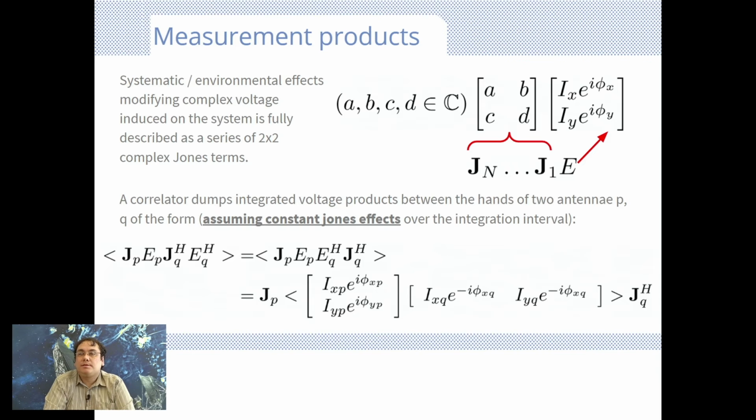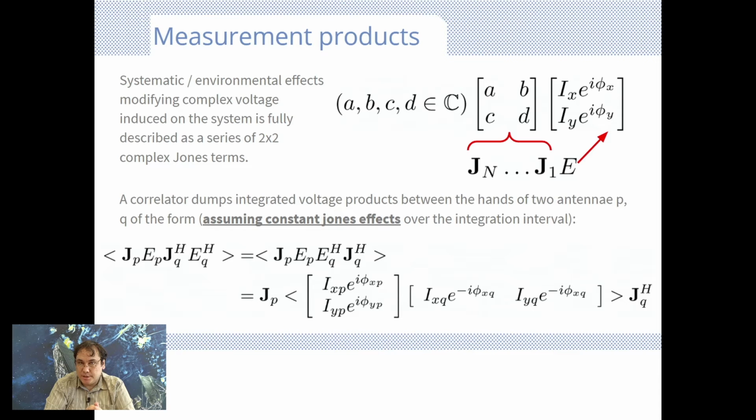All right, so let's look at the measurement product. Now, as we say, we can fully describe all the linear effects that might be introduced on this signal that we're trying to measure by a series of Jones matrices. If we correlate a signal between antenna P and antenna Q, it essentially just means we're taking a short-term average of the correlation product between those two measured signals. At this point, they already have some form of calibration error attached to them.